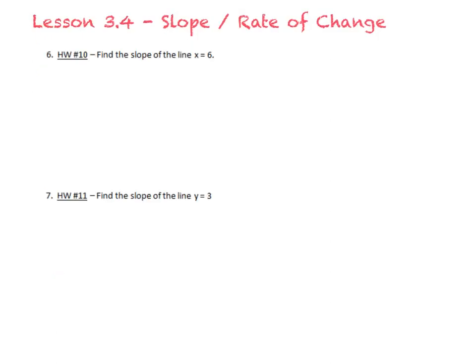Okay, let's go ahead and knock out 2 problems, number 6 and number 7, at once. So, find the slope of the line x equals 6. What I'm going to do, and what I think you guys should do, is just draw a very quick sketch of a coordinate plane.